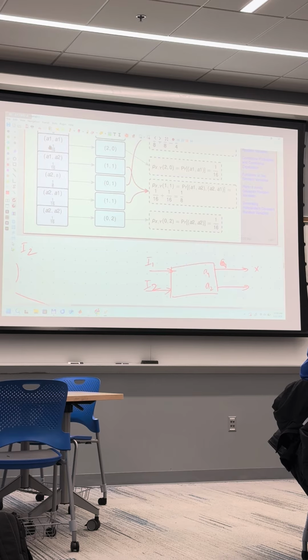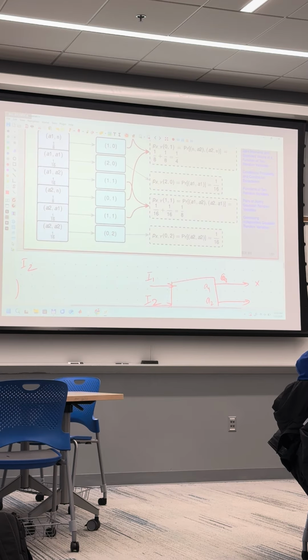So this A1 gives probability 1/4 in total. So 1/2 times 1/2 gives you 1/4.